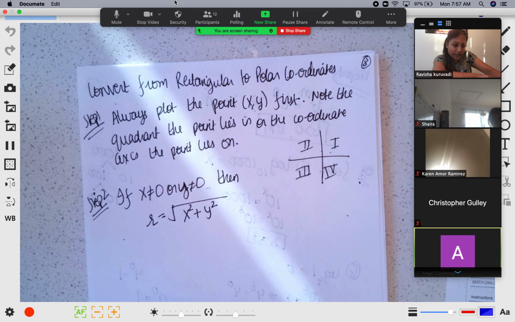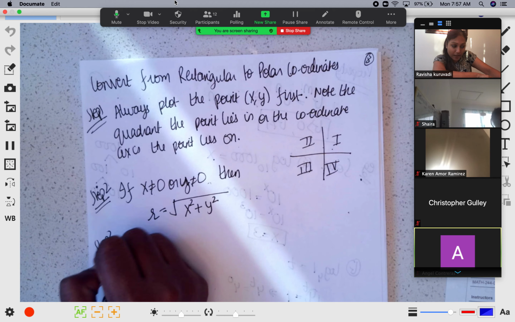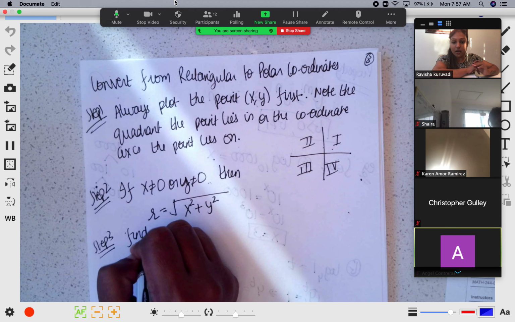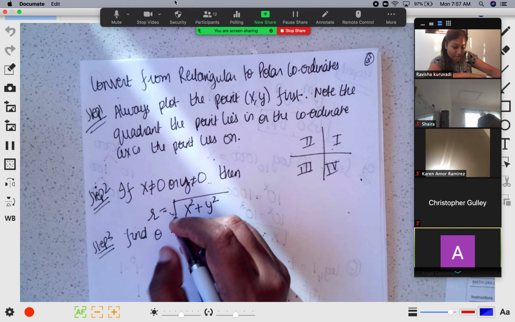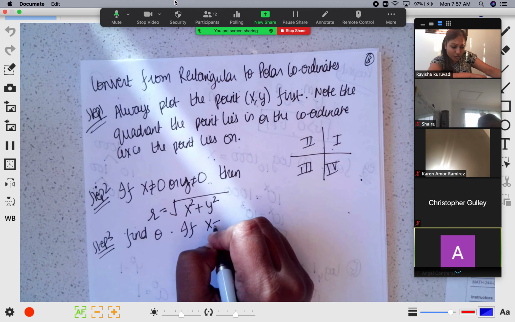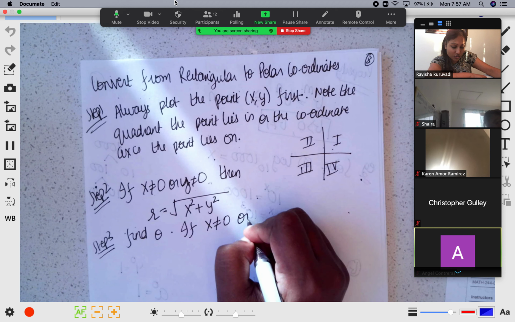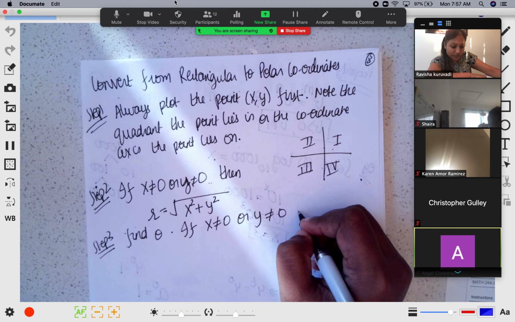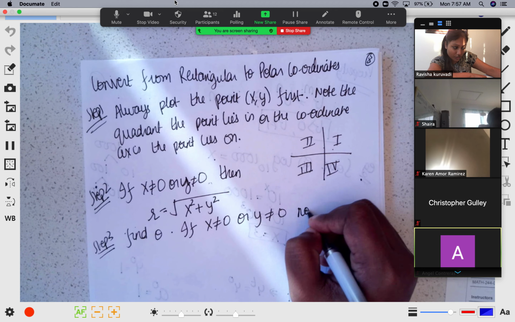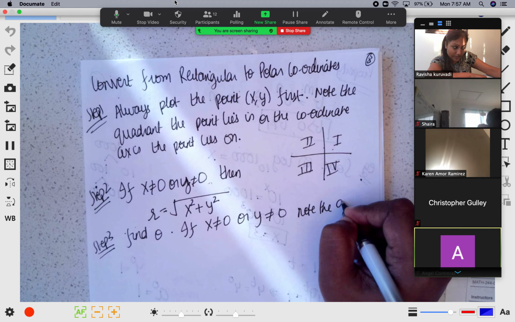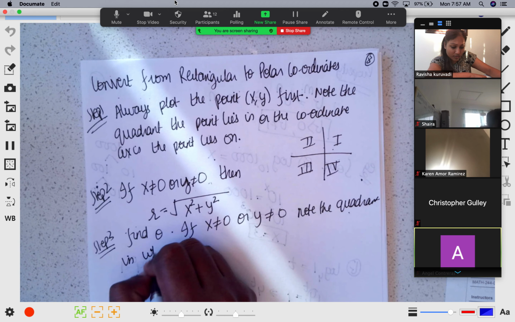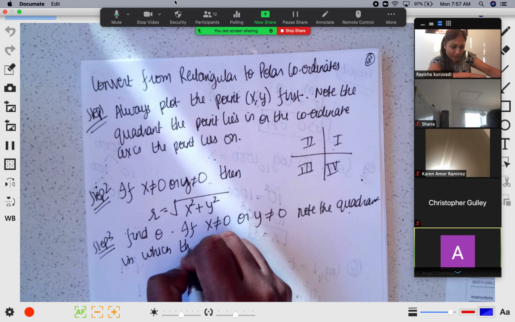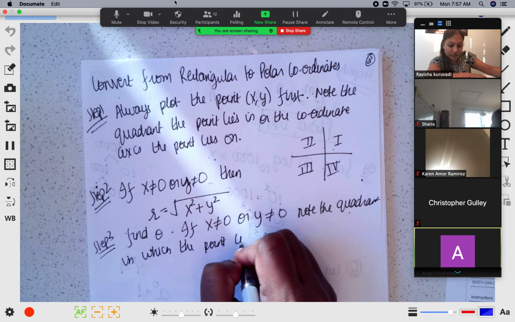Step 3 says find theta. So we will find our r, but now we need to find our theta. If x is not equal to 0 or y is not equal to 0, note the quadrant in which the point lies.